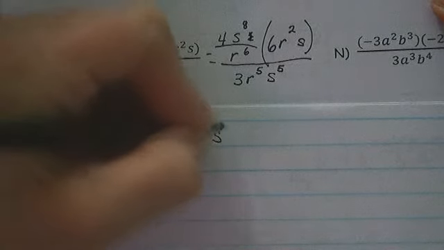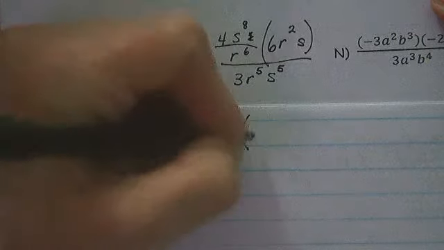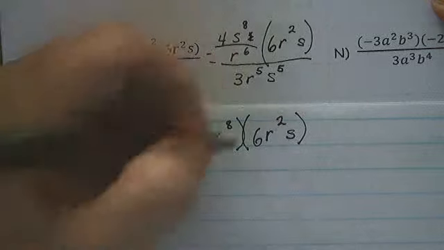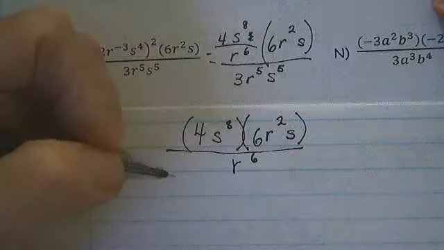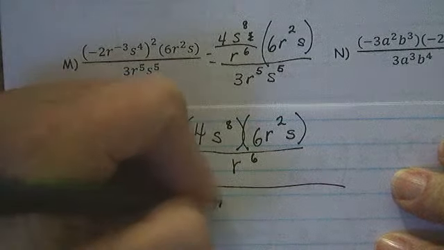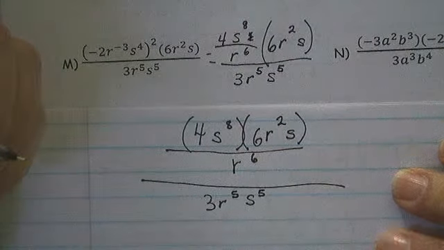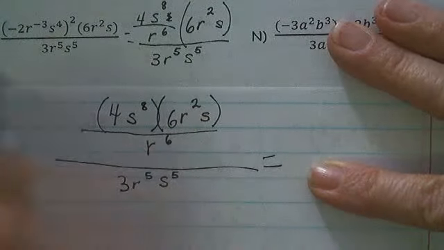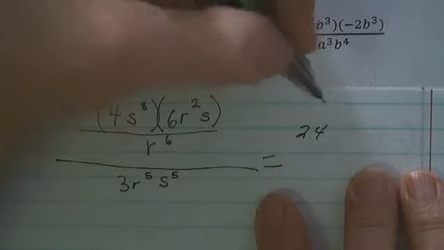Four s to the 8th times 6r squared s over r to the 6th over 3r to the 5th s to the 5th is the equivalent of 4 times 6 is 24.